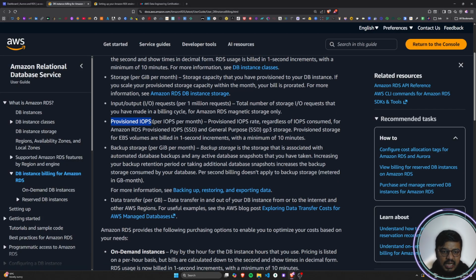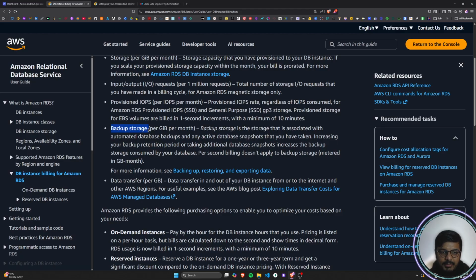For provisioned IOPS, it is per IOPS per month. The provisioned IOPS rate applies regardless of the IOPS consumed for Amazon RDS provisioned IOPS SSD and general purpose SSD, that is GP3 storage. Provisioned storage for EBS volumes is billed in 1 second increments with a minimum of 10 minutes.